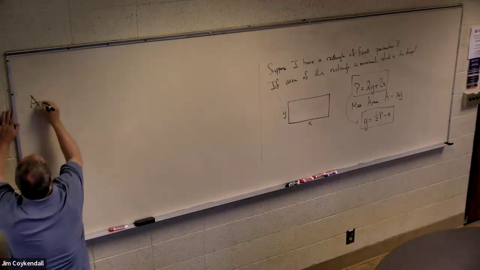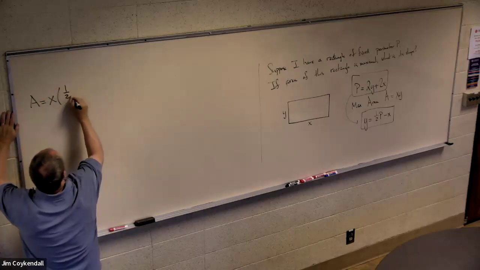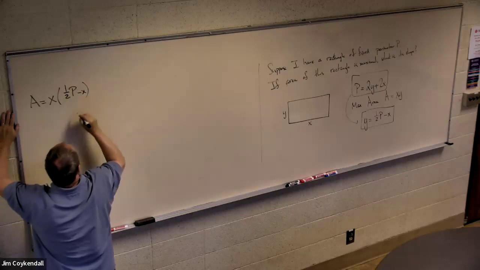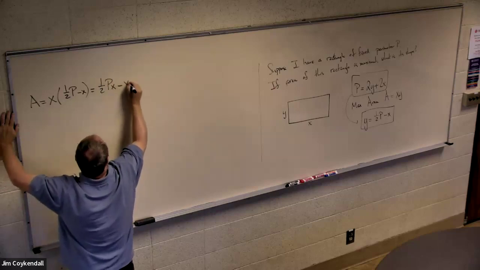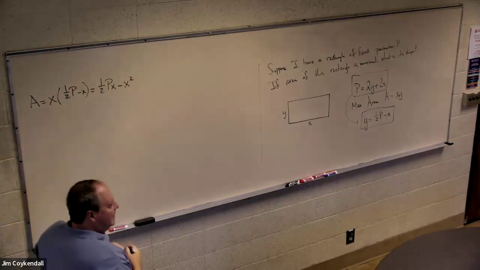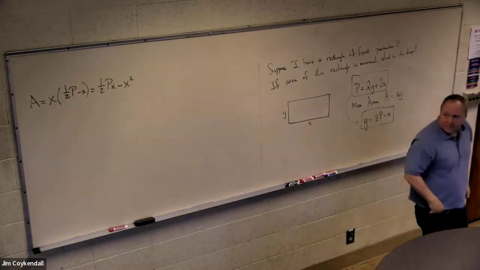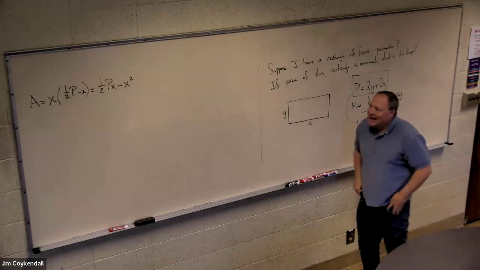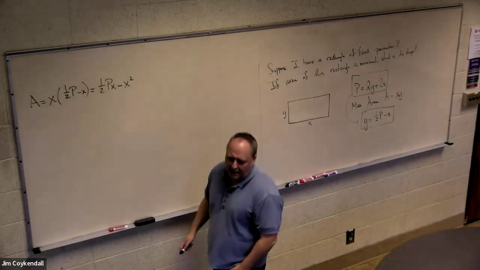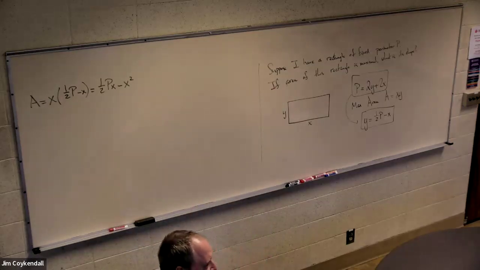So my improved area is that. So now I am trying to maximize the function A = 1/2 px minus x squared, where p is a constant. Now, what should I be thinking about at this point?